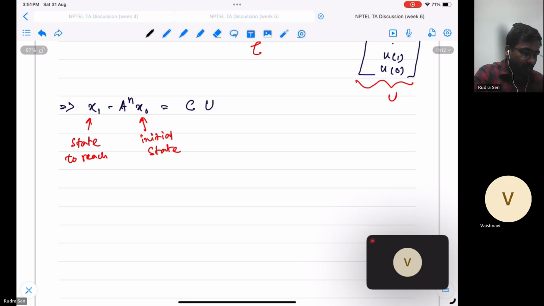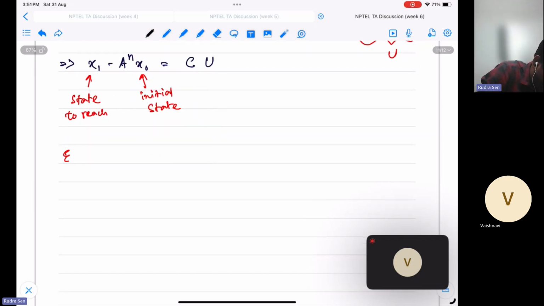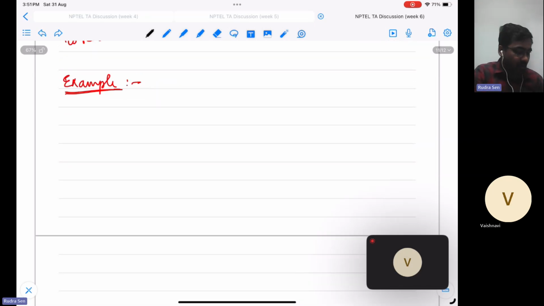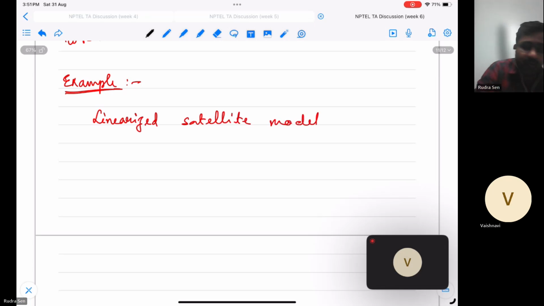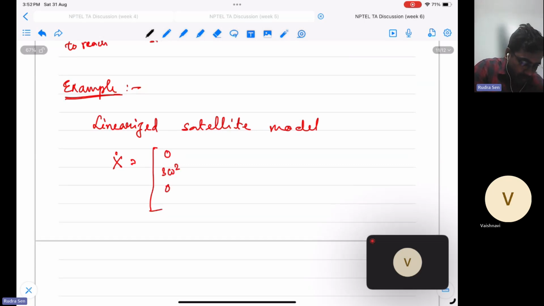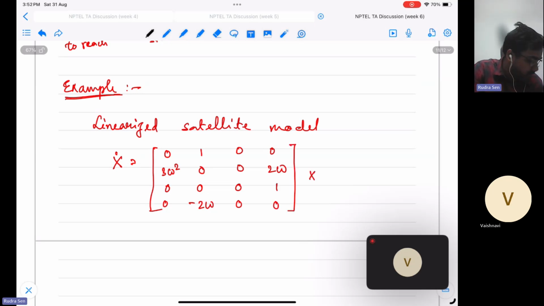The first question is an example. You are given a linearized satellite model, which is x dot equals, with rows 0, 3 omega squared, 0, 0; 1, 0, 0, minus 2 omega; 0, 0, 0, 1; 0, minus 2 omega... x plus B with columns 0, 0, 1, 0 and 0, 0, 0, 1.